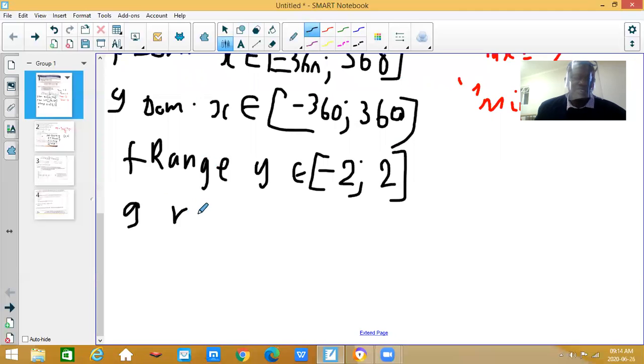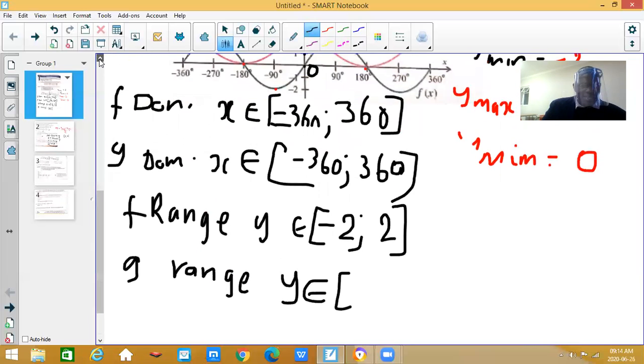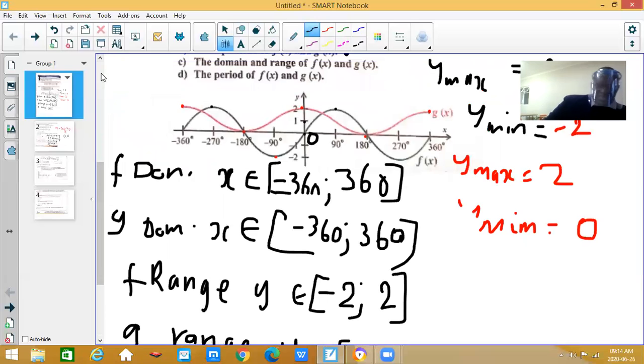Now we go on to the range of g(x). Still, when we are dealing with the range, on the range, you are looking at the y values. Now we are looking at this graph that has been sketched here. On the range, what is the maximum of y, or of cosine here?